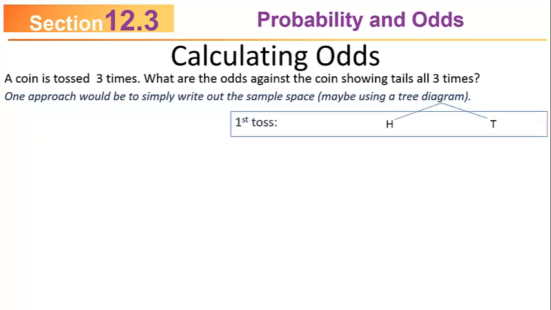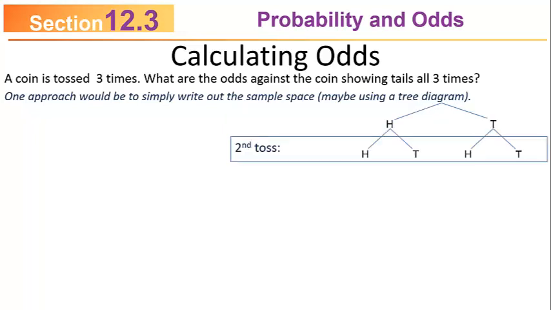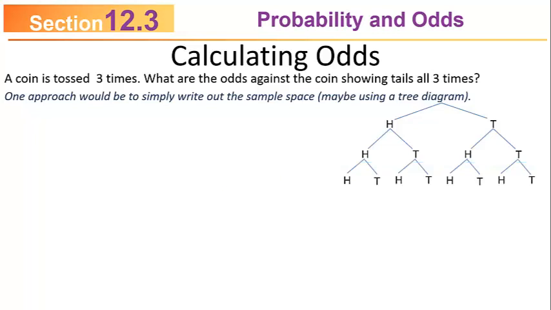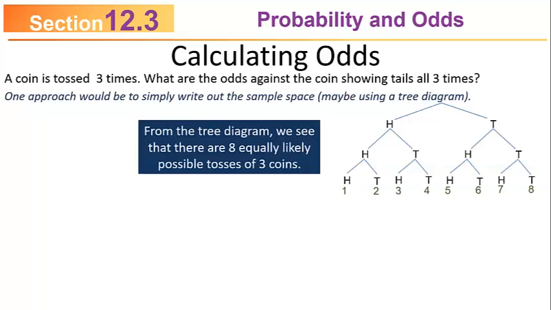On the first toss of the coin, you could either get a head or a tail. On the second toss, if you got a head on the first toss, you could still get a head or a tail. If you got a tail on the first toss, you could either get a head or a tail. And continuing that pattern through the third toss, each succeeding toss would still have a possibility of head or tail. You can see from that, if you go down the branches of that tree diagram, that the sample space has 8 possibilities.